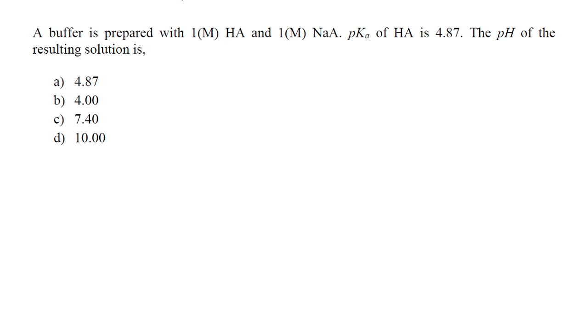So here, pH is based on the concentration of H plus, right? HA will give H plus and A minus, and NaA will give Na plus and A minus. So if you mix these two, the concentration of H plus will not change, right?